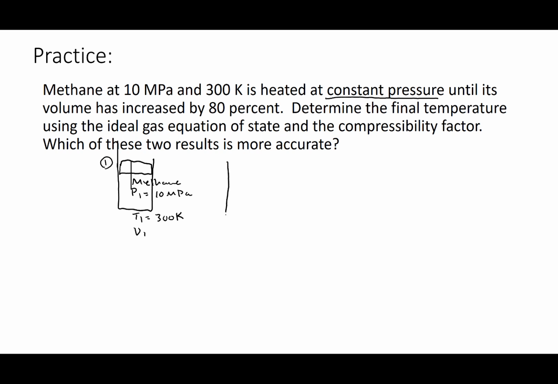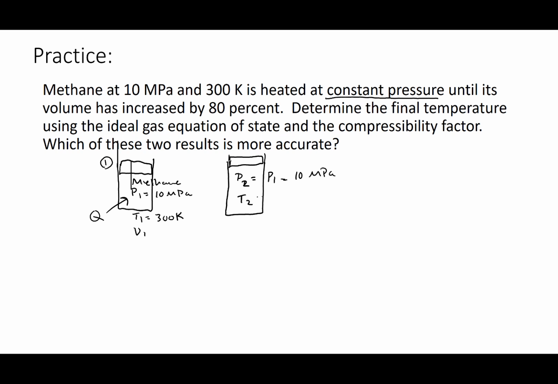And then at state 2, we've added heat to this piston cylinder system, and it's increased the temperature and the volume. So I'm going to make that volume a little bit bigger. The pressure is still the same, so P2 is equal to P1, which is equal to 10 megapascals.